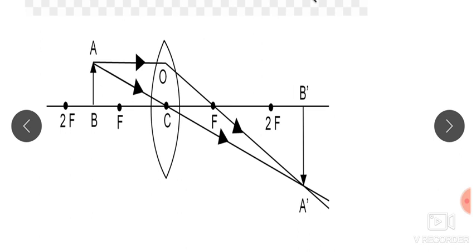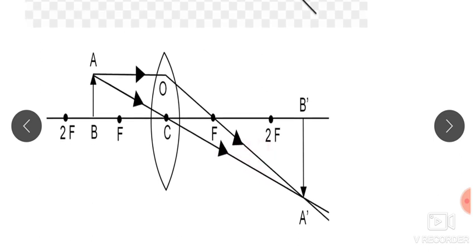You may ask, sir, how is it possible that here these two rays are intersecting, but for B it is not intersecting? Now see, if the ray is passing through the optic center, it goes without deviation. Am I right? It is going on straight as it is. Here it is not shown, but the rays from point B are also emitted.